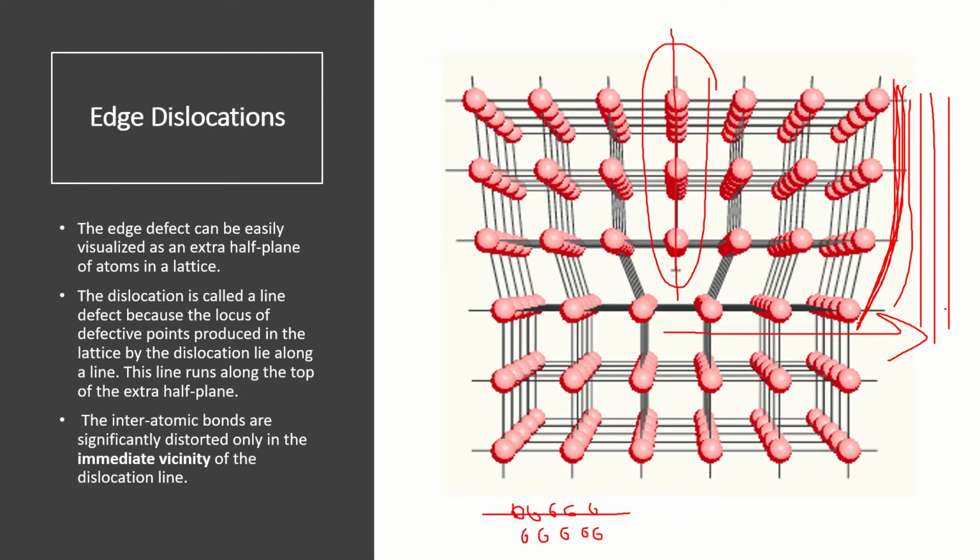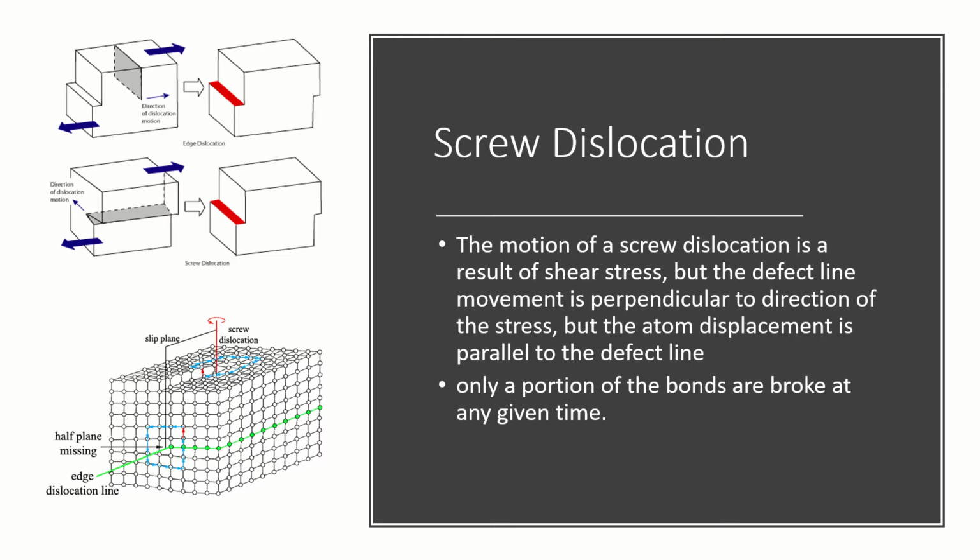In this case, it's really easy to see, but in the next case, it's a little bit harder to identify the dislocation, which is the screw dislocation. In the screw dislocation, the motion is a result of shear stress, but the defect line movement is perpendicular to the direction of the stress, and however, the defect line movement is parallel to the atom displacement.